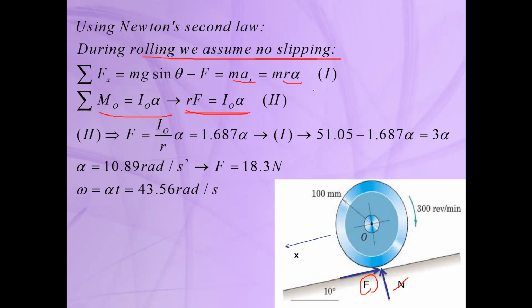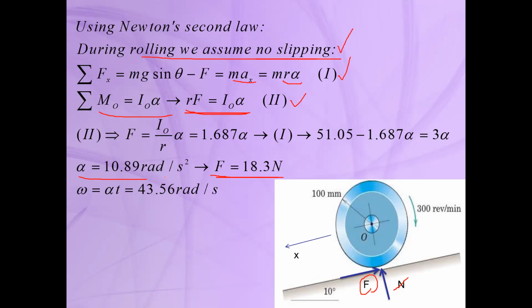So we have two equations, 1 and 2, with two unknowns, F and alpha. We can solve them and obtain alpha and F, and again you can compare this F with the maximum value, similar to the previous method. And you can conclude that this F is less than the maximum value. So your initial assumption is correct.